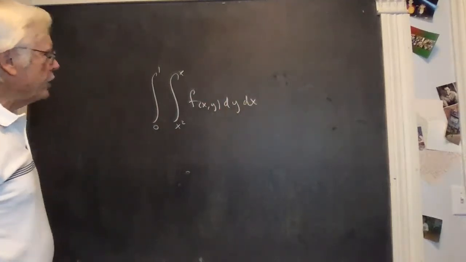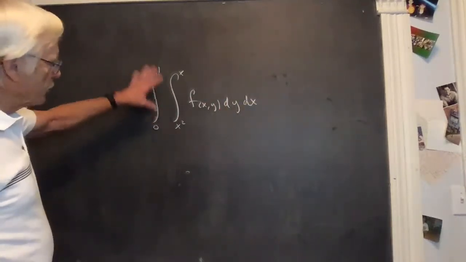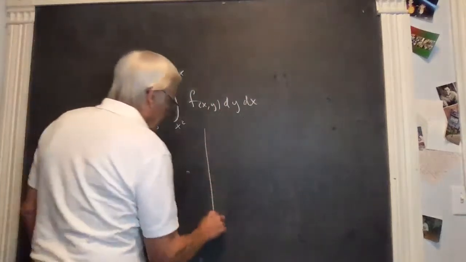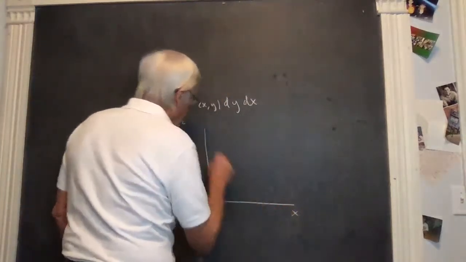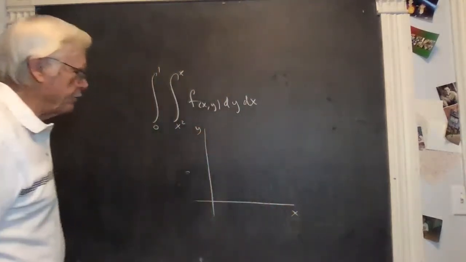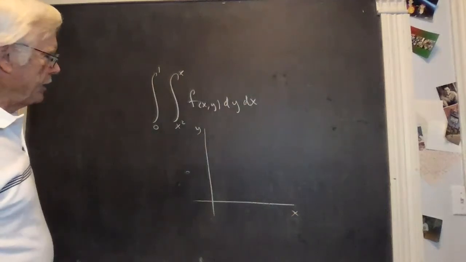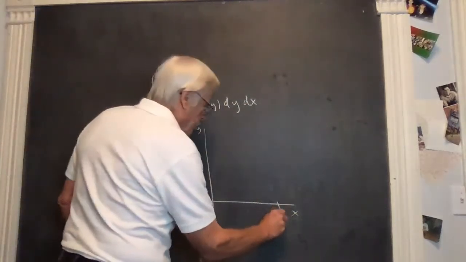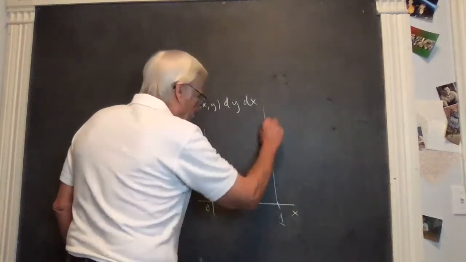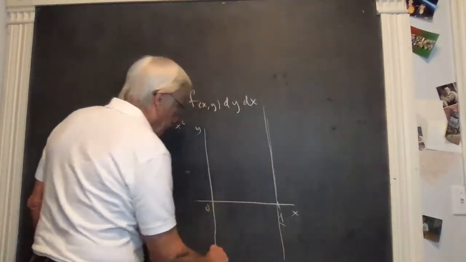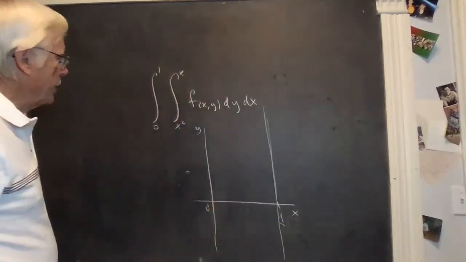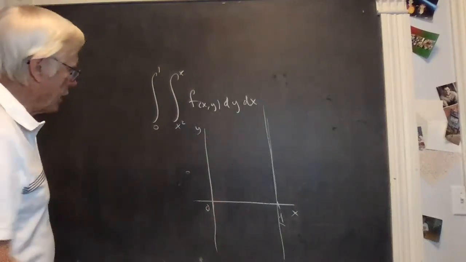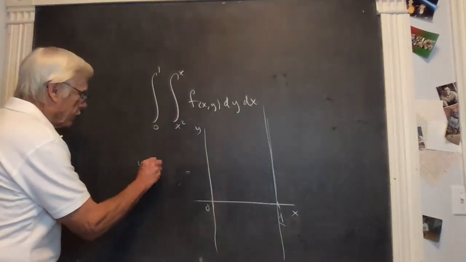First of all, what is the region we're integrating over? It can be a little complicated to find it, but you find it by looking at it in reverse, I would say. X is between 0 and 1, so everything we're looking at is between 0 and 1. Then y is going to vary between x squared, that is y equals x squared.